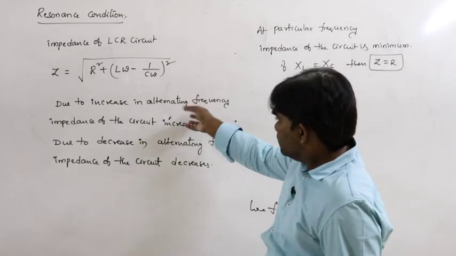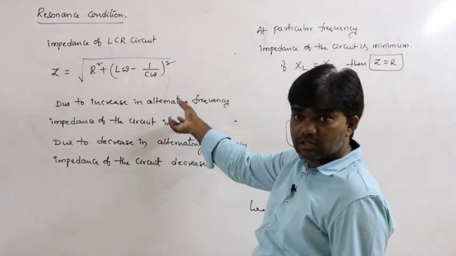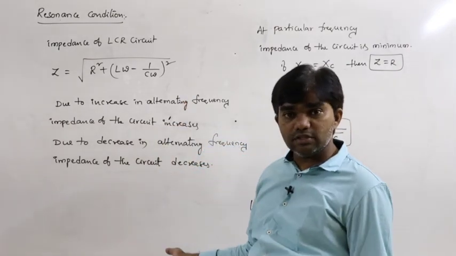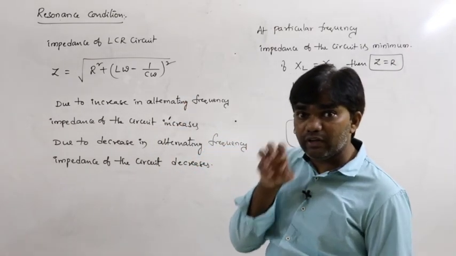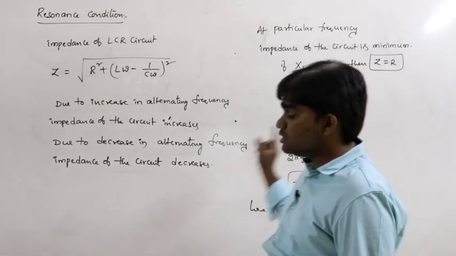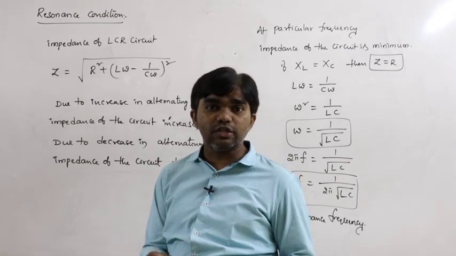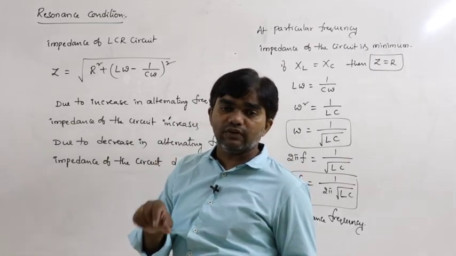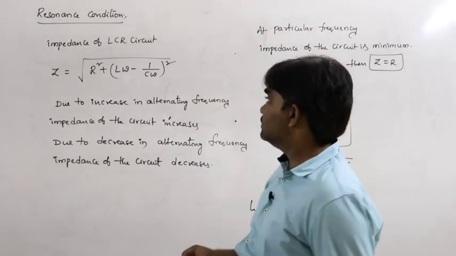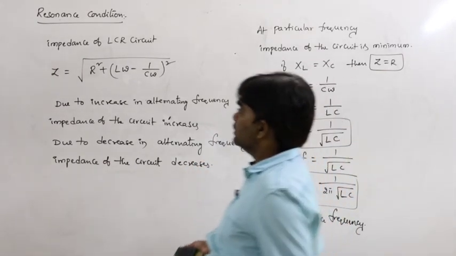Increase in frequency increases impedance, decrease in frequency decreases impedance, but at a particular frequency, that is resonance, impedance is minimum. So these circuits are resonant circuits, and this is used for tuning purposes. That is the resonance condition.